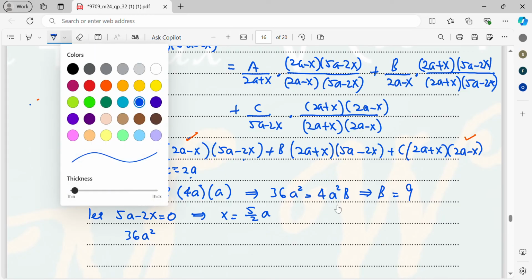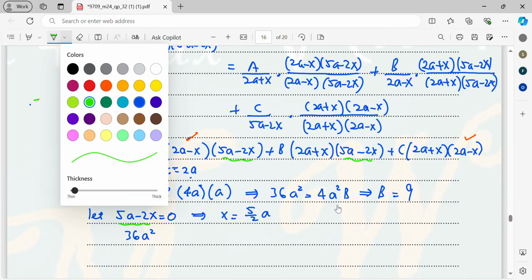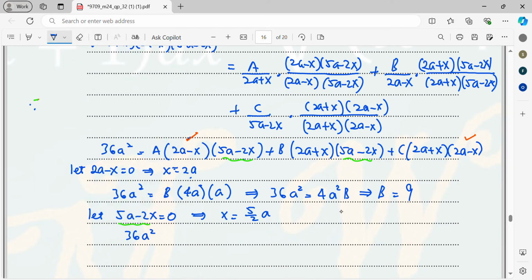Whenever you see this 5a minus 2x, that will be 0. So it means that I can find the C directly. So now I will be getting equals C bracket (2a plus 5 over 2a), then (2a minus 5 over 2a).